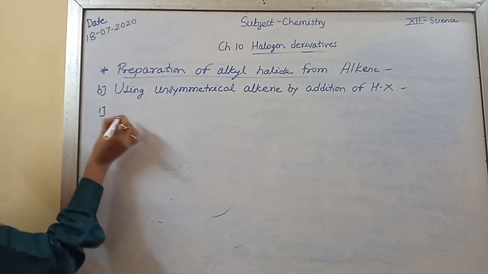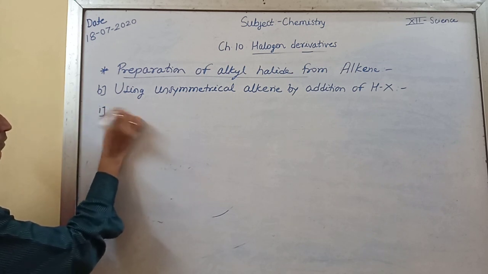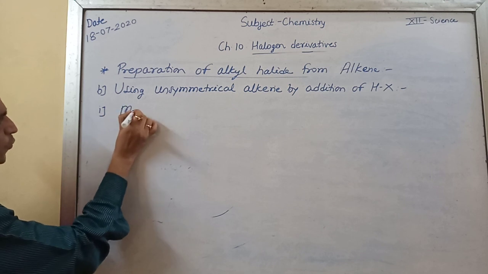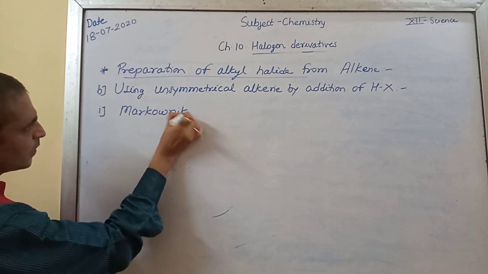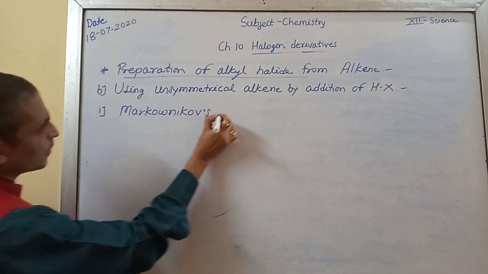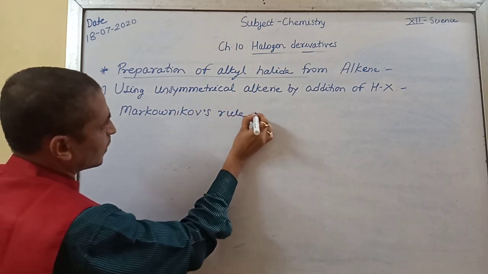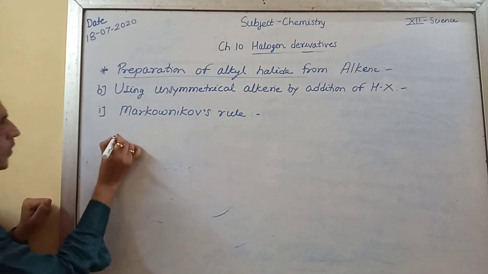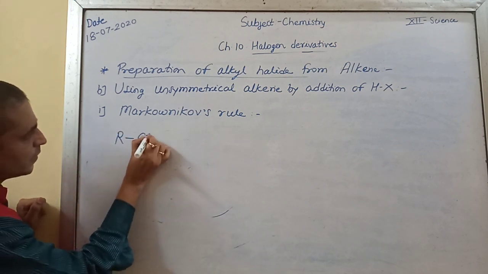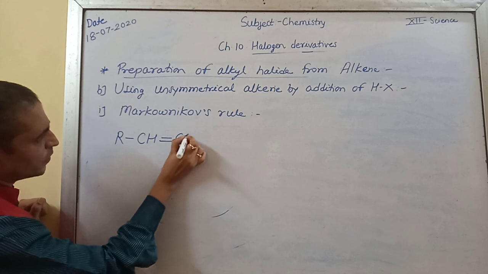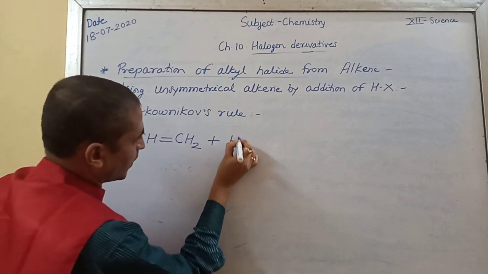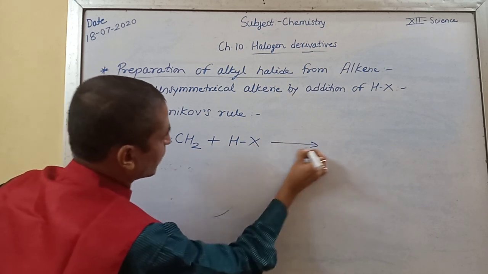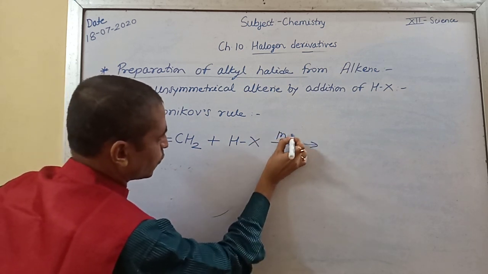There are two types. First one is Markovnikov rule. Here it is written as RCH double bond CH2 plus HX. Markovnikov rule.